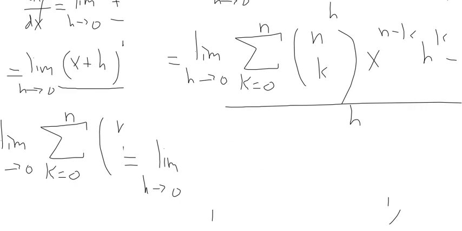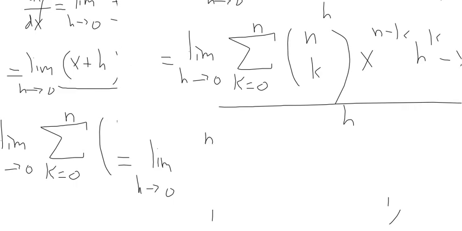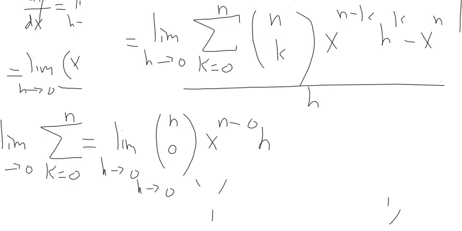So this now becomes n choose 0, where n stays constant and k is changing in the summation, times x to the n minus 0, times h to the 0, because k is 0.